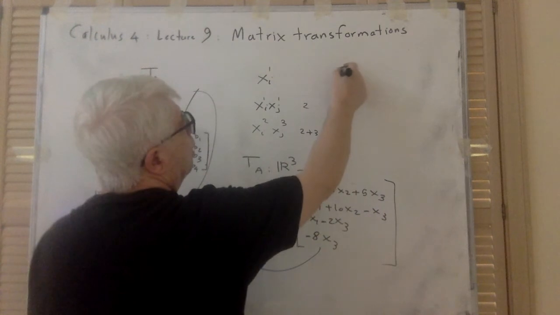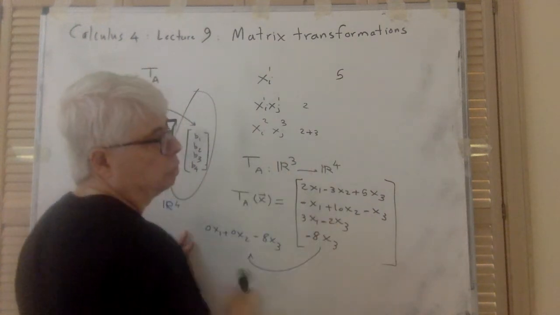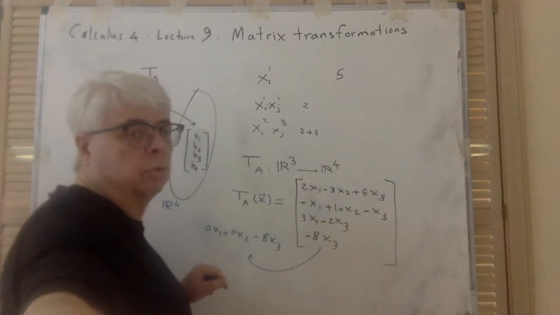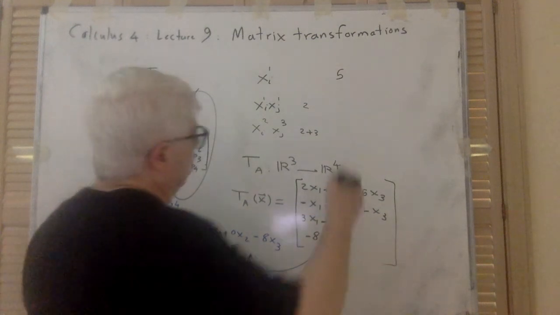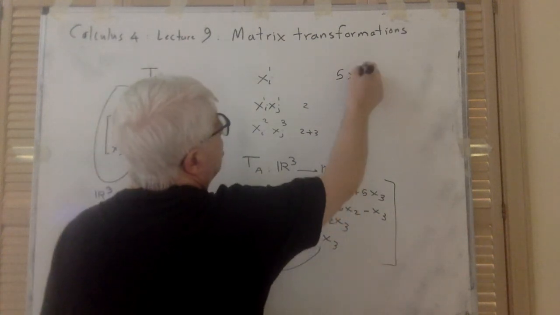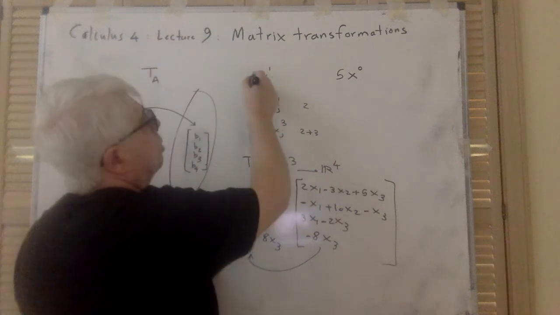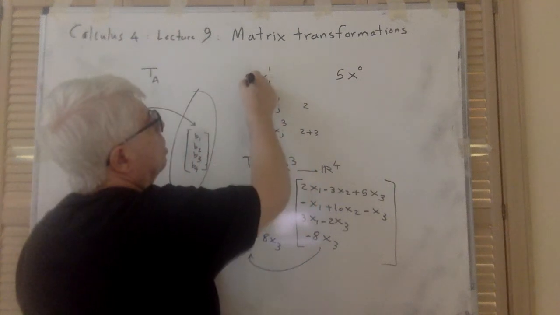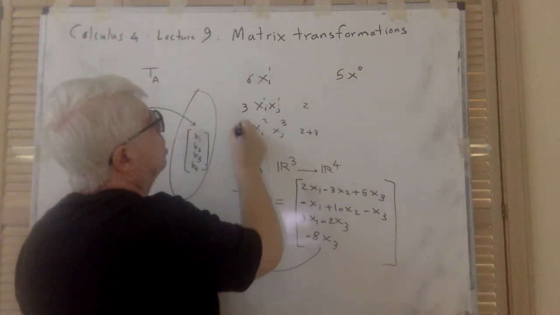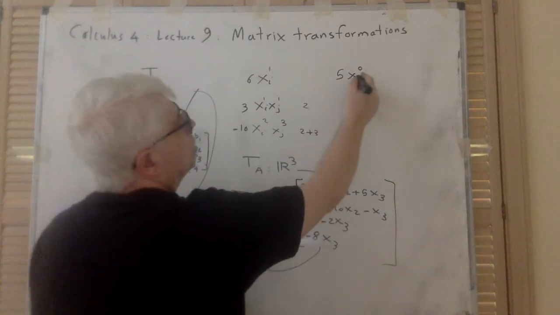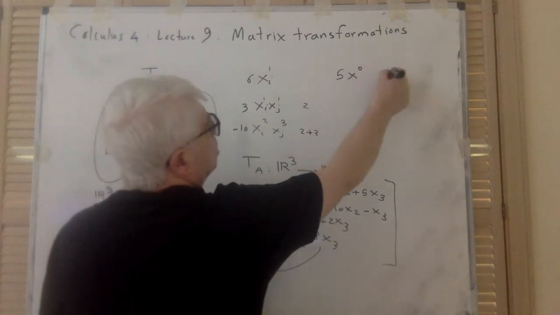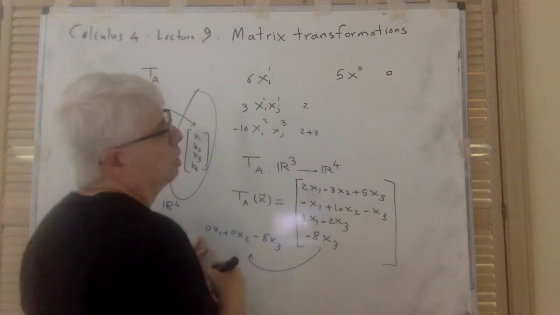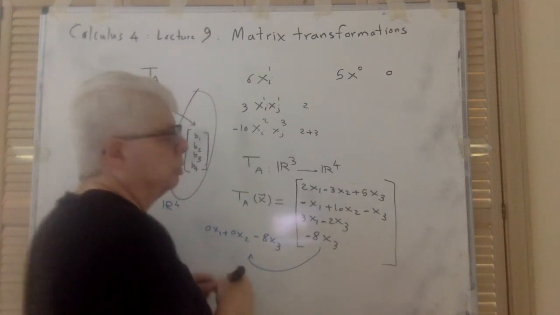If I have 5, what's the degree of 5? X is 0, right? Well, each one of them might have some constant. 6 times this, 3 times this, minus 10 times this, okay? So this is 0. Degree is 0. The degree of 5 is 0.